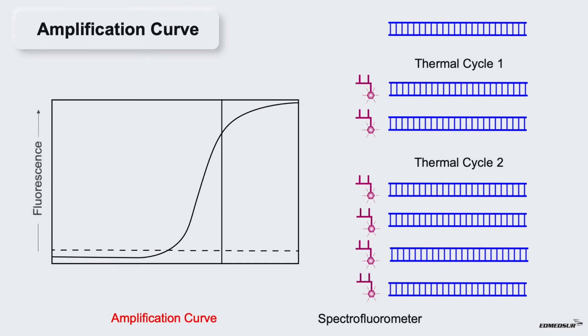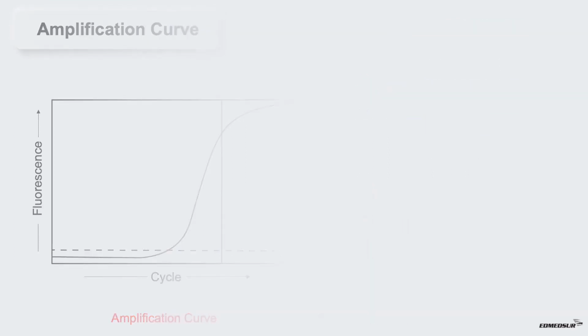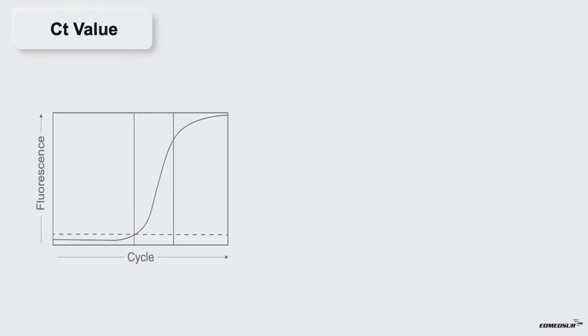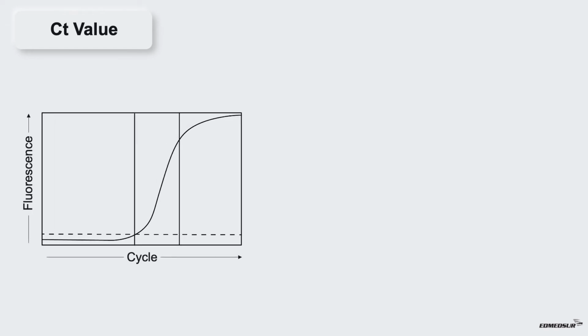On the y-axis, we can see the fluorescence. On the x-axis are the cycles of PCR. CT value. The amplification curve can be divided into three phases: early phase, exponential phase, and plateau phase. During the early phase, the reaction is just beginning and very small levels of fluorescence are generated.